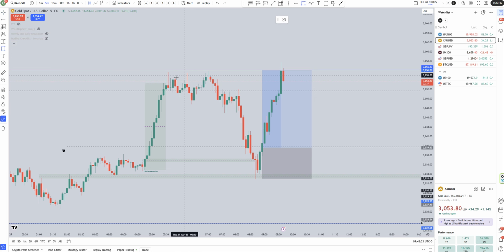This guy, OB, right, order block, right, close below, close this. So we have a two-bar, we had OB, we came back into this here.